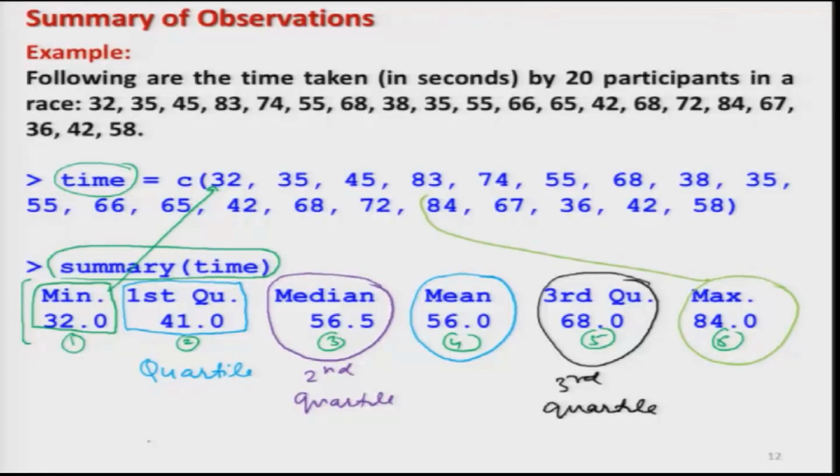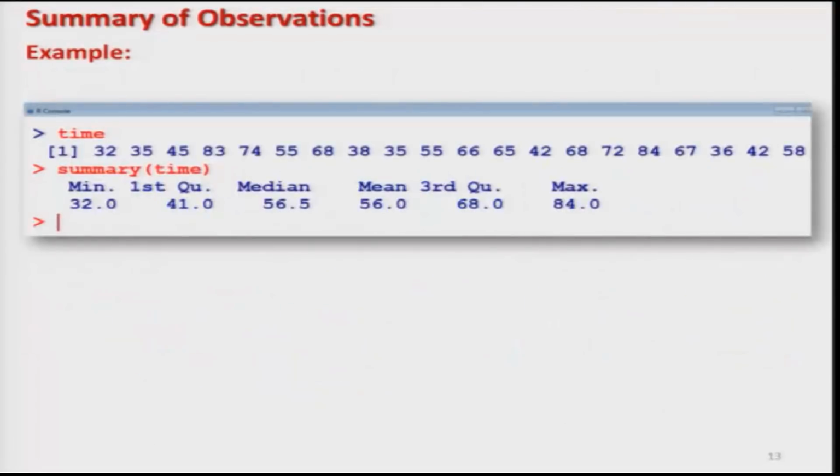You can see here this is the value. So, by using this summary command you can get all this information in a very comprehensive way, and that is the advantage here.